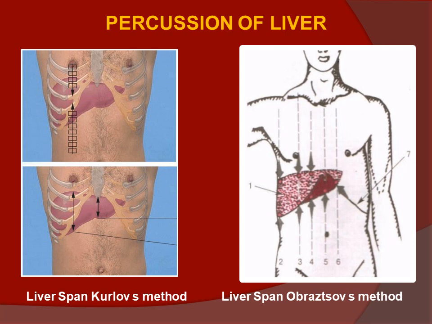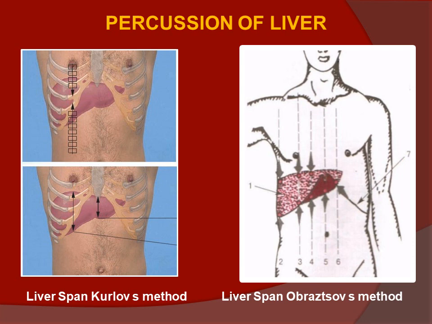As the pleximeter finger is then moved upwards, tympany is followed by absolute dullness at the inferior edge of the pleximeter finger. When determining the left border of the liver dullness, the pleximeter finger is placed perpendicularly to the edge of the left costal arch at the level of the 8th-9th rib, and percussion is carried out directly over the edge of the costal arch to the point where tympany changes to dullness.